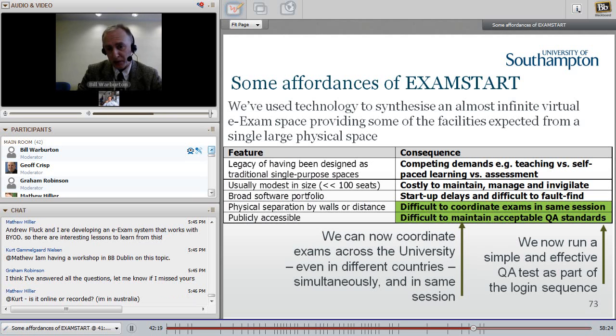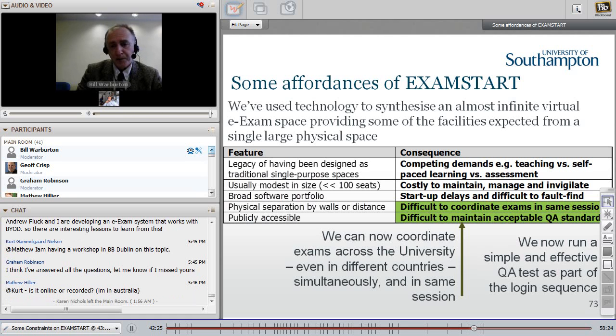There isn't much we can do about that. The modest size, the broad software portfolio, again, we haven't been able to mitigate that very well. But the physical separation and the public access, we have been able to mitigate both of those. We can now coordinate exams across the universities, and we have done this in different countries, on different sides of the planet pretty much, within Malaysia campus, in the same session.